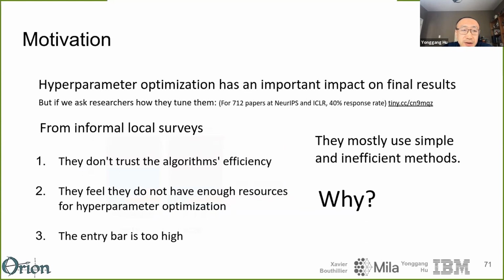There are pretty much 3 reasons. One is they don't trust the algorithm efficiency, maybe accuracy as well. Secondly, they feel that they don't have enough resources to do HPO, hyperparameter optimization. The third one is about usability. They feel that the entry bar is too high. Next chart.